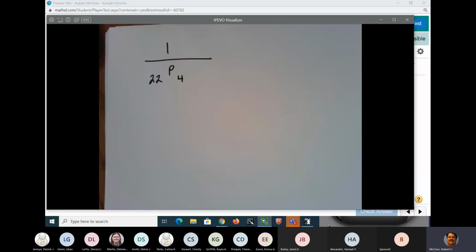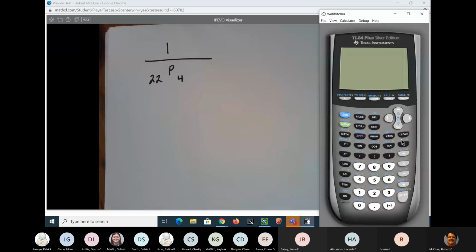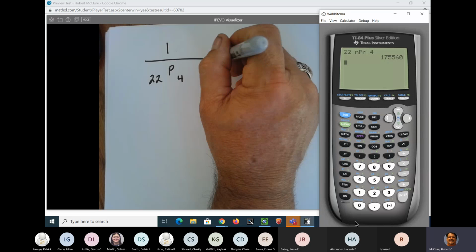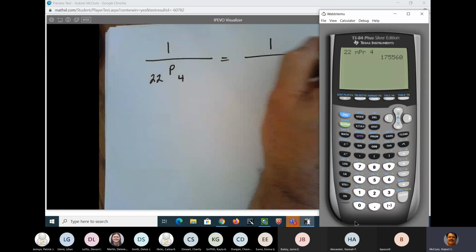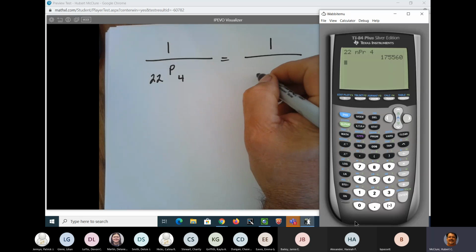So I'm going to take my handy dandy calculator and I'm going to do 1 divided by, well, I'm going to go ahead and do the permutation first. So 22 math, probability, permutation, 4, enter. And that is my probability. So that's going to be 1 over 175,560.